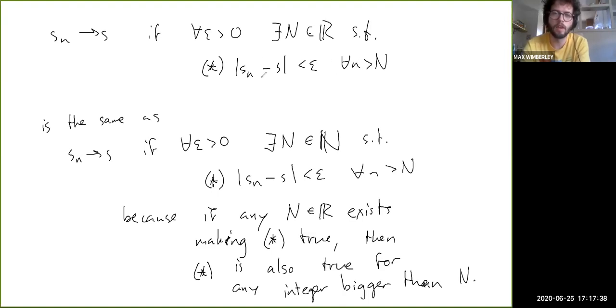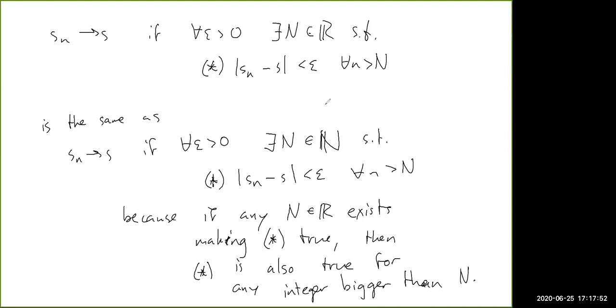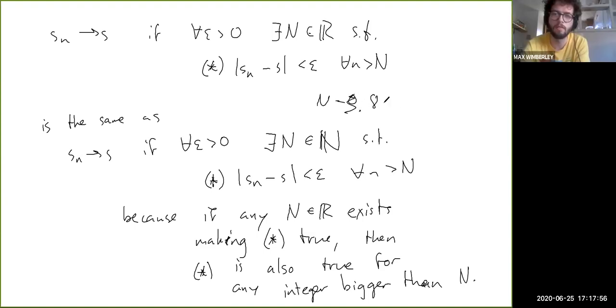So if this statement is true for all integers little n bigger than this random real number, then it will still be true for all integers little n bigger than any integer that's bigger than this number. Let's say I took n to be 3.8, then I could take n equals 4 too. It's the same thing, doesn't matter.